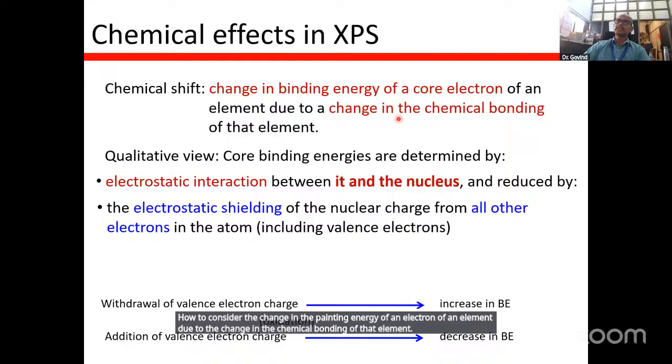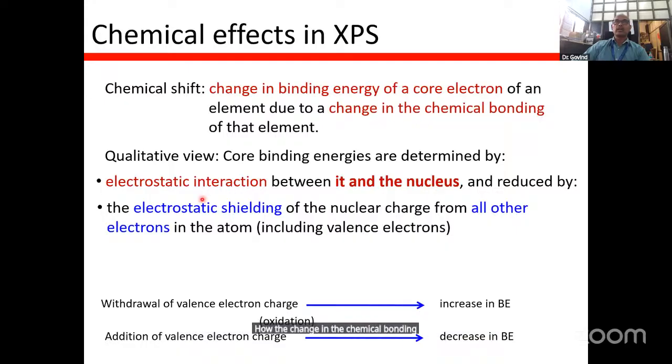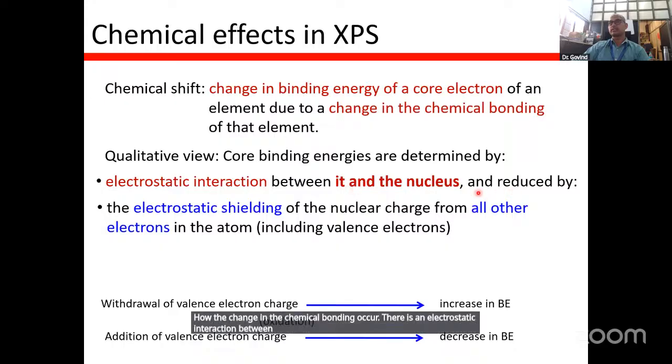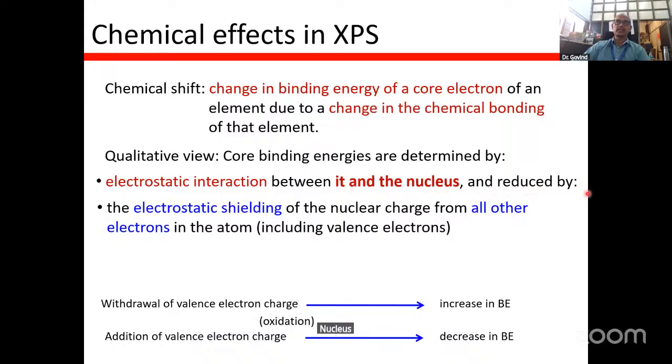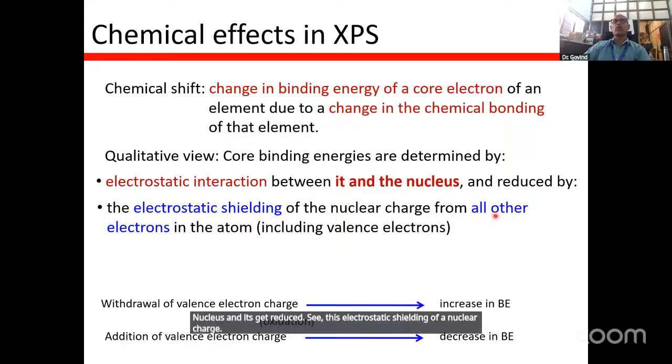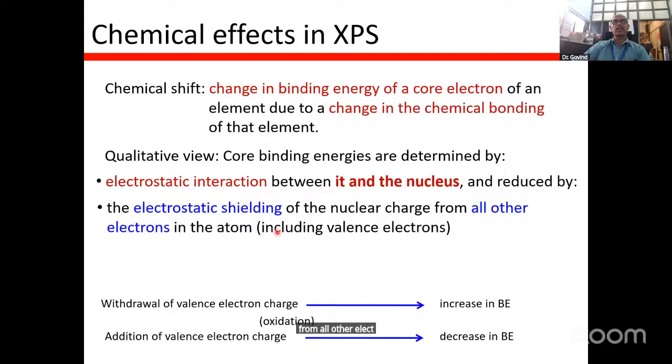How does the change in chemical bonding occur? There is an electrostatic interaction between the electron and its nucleus, and it gets reduced. This is the electrostatic shielding of the nuclear charge from all other electrons in the atom, including valence electrons.